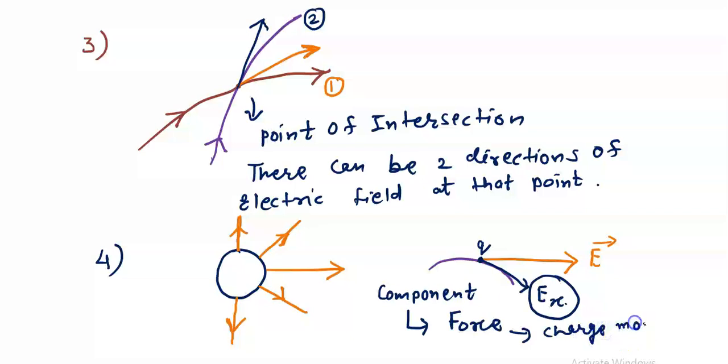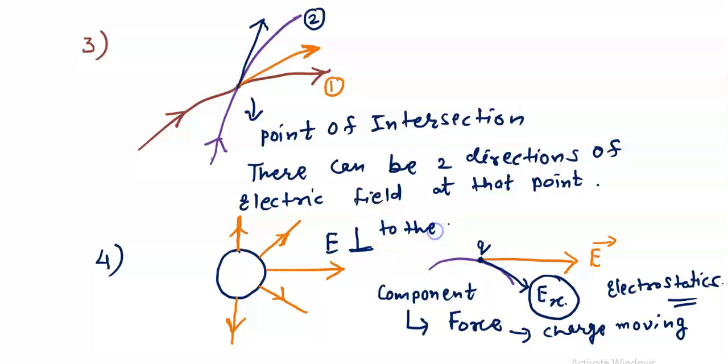This is not possible in electrostatics, because in electrostatics charges are at rest, and this would disturb the entire system. That's why the electric field lines will always be perpendicular to the surface of the conductor. Make this very clear.